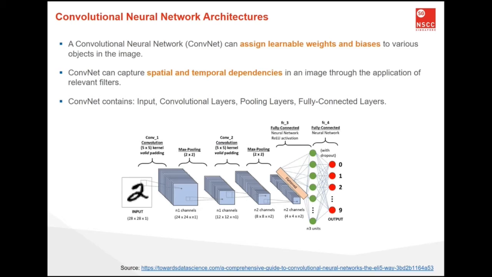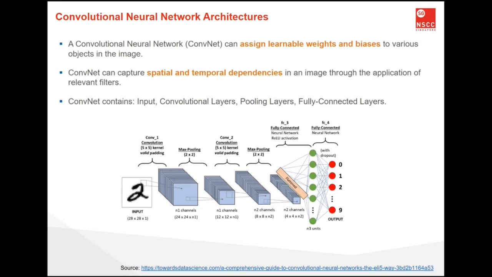A convolutional neural network is able to successfully capture the spatial and temporal dependencies in an image through the application of relevant filters. The architecture performs a better fitting to the image dataset due to the reduction in the number of parameters involved and reusability of weights. In other words, the convolutional neural network can be trained to understand the sophistication of the image better.